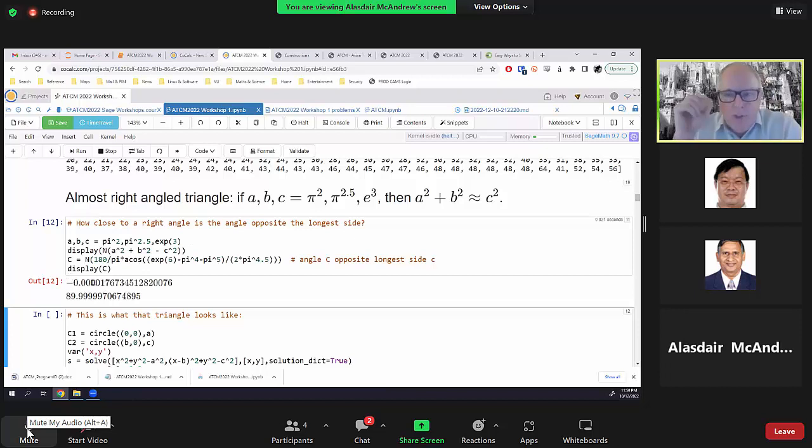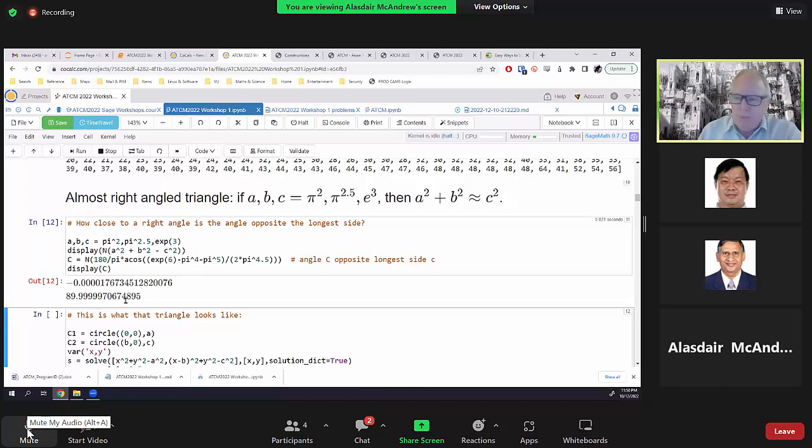And if we imagine those as being the sides of a triangle, then the side opposite c has an angle that's very, very close to 90 degrees. So, remarkably enough, these three numbers give you a triangle that's almost right angled. It's obviously not exactly right angled, but you can see it's very close.